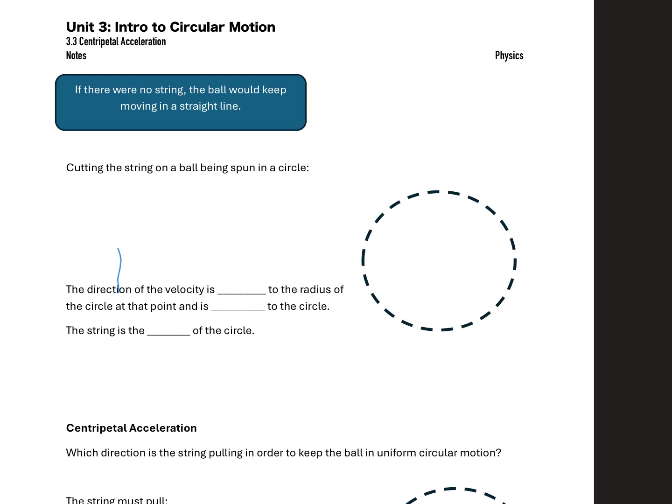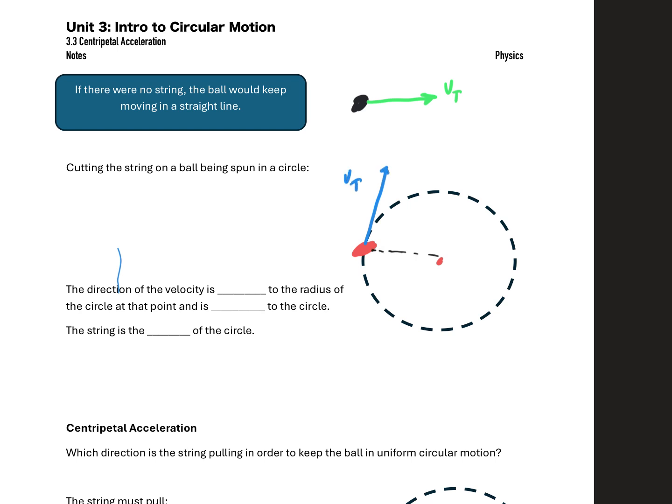So if there is no string at all, the ball would simply move in a straight line like so. Cutting the ball being spun in a circle. So let's assume, again, I have my center, I have my dot here, and I have this tangential velocity here.